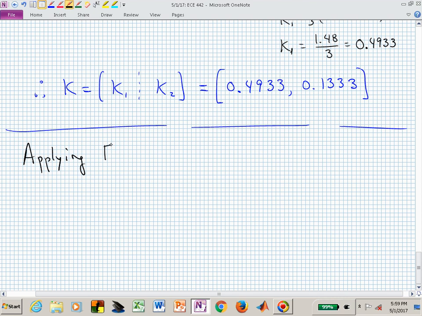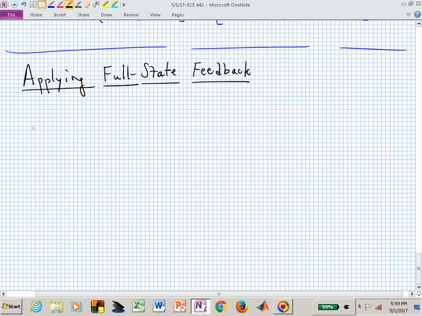So applying full state feedback, we have x of k plus 1 is equal to our system matrix phi times x of k plus gamma, our input matrix, times u of k, but we're assuming full state feedback, so in this case it's minus K x of k.